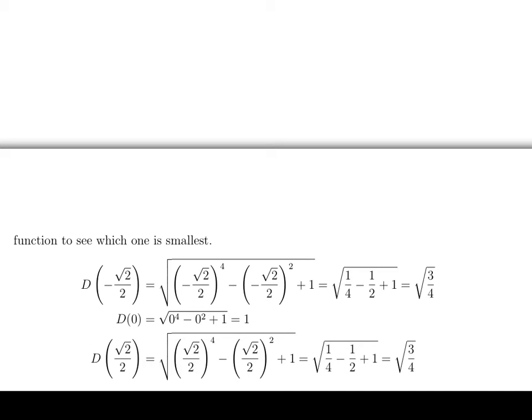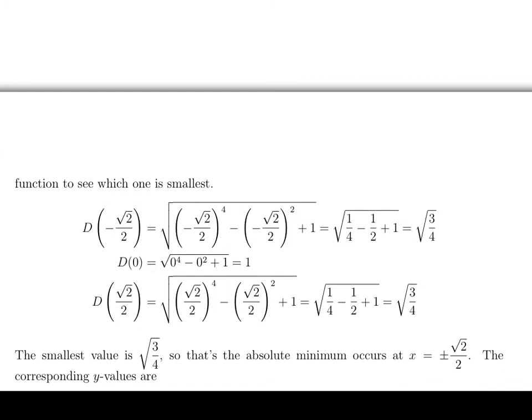Okay, now, what are we looking for? We're taking these 3 numbers here and saying, well, which one is smallest? Well, the square root of 3/4 is smaller than 1. So that's the smallest value. So the absolute minimum occurs at plus or minus root 2 over 2. So it's actually 2 points that are closest.